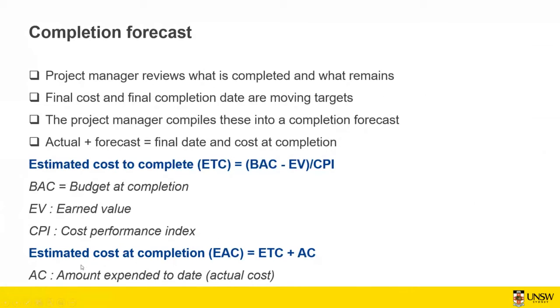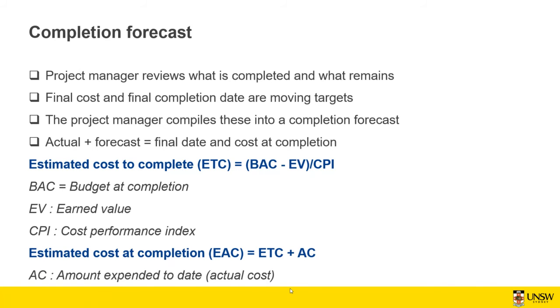So EAC is estimated cost at completion. Overall, how much are we going to spend to complete the project? ETC is from now on how much we're going to spend. So we spent, for example, let's say 100K so far, which is our AC.